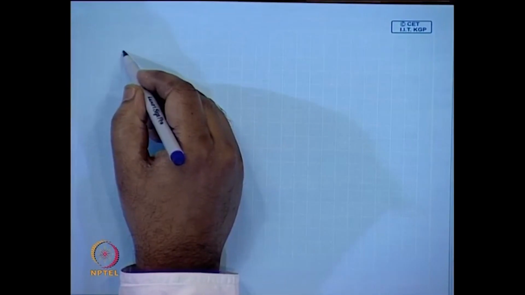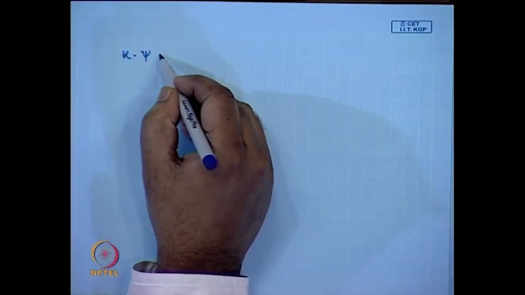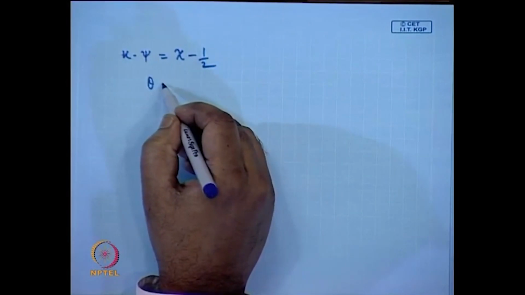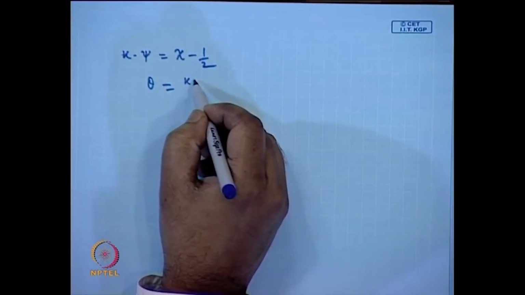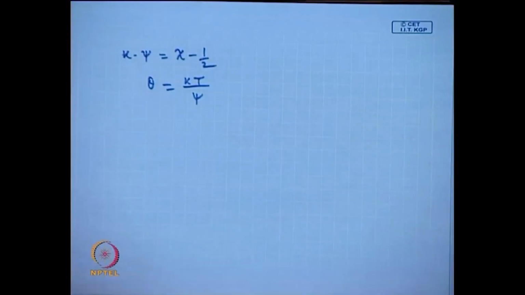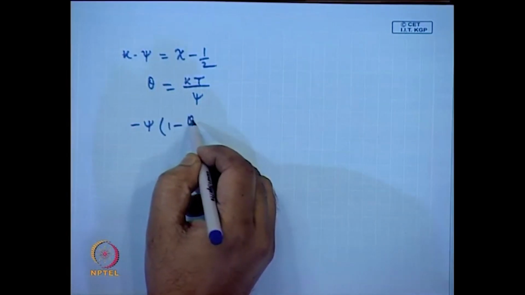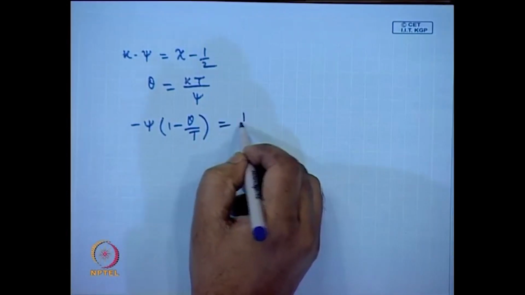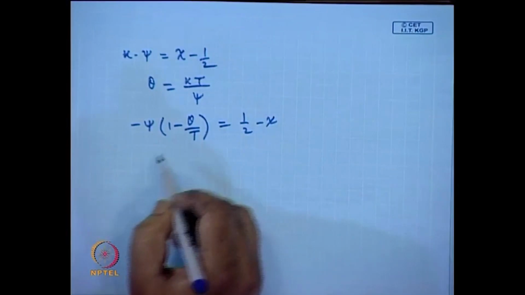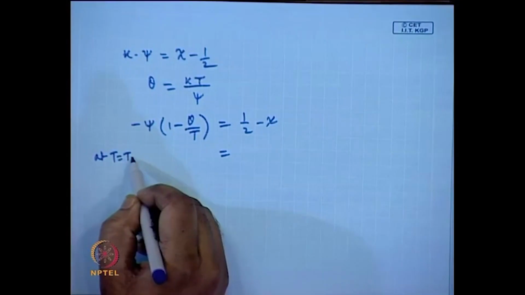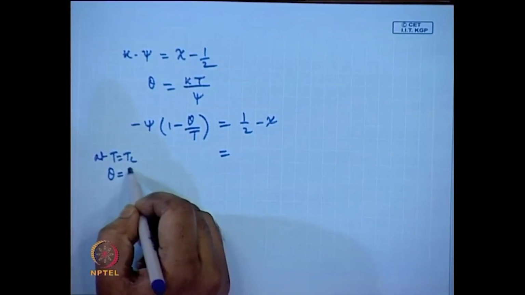Now, from our previous knowledge, this is the enthalpic parameter, this is the entropic parameter, and theta is kappa T psi. So we can write chi is equal to half minus psi 1 minus theta by T. We can set T equal to T c and theta equal to theta c.